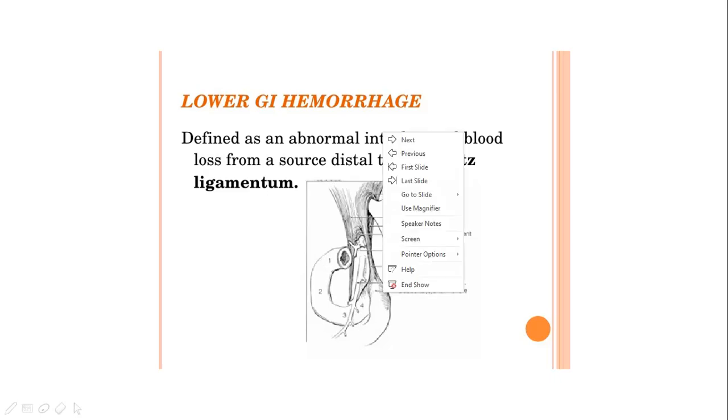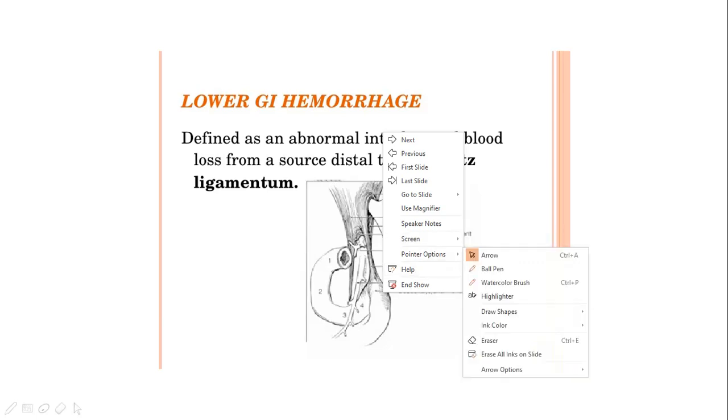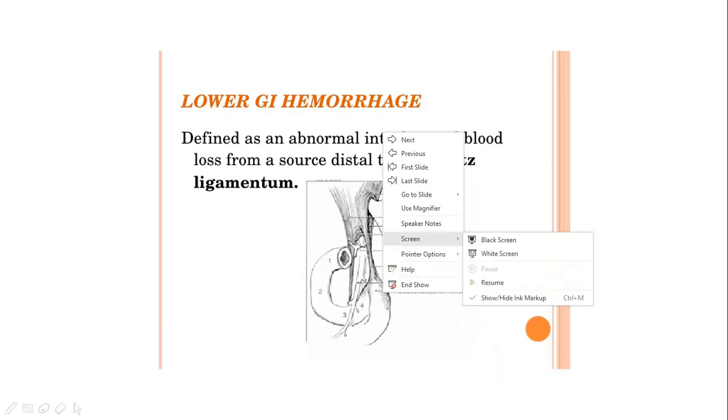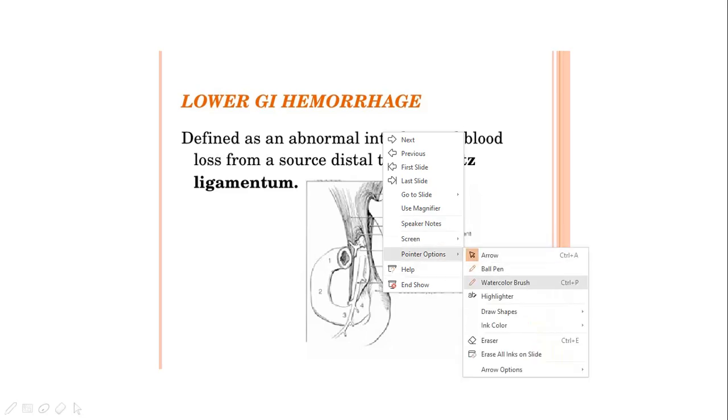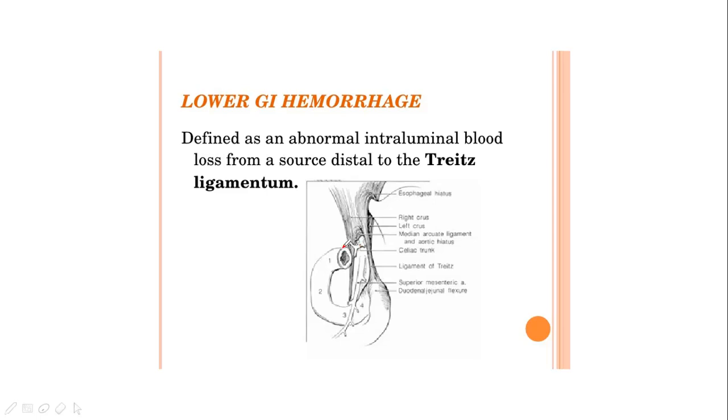You can see here, the DJ junction basically starts from the end of the duodenum and the beginning of the jejunum. Over here, it's D1, D2, D3, D4, and this is the stomach. You can see the fundus of the stomach.